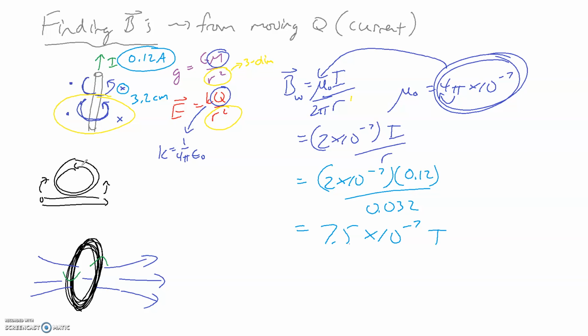Therefore, you literally just mathematically modify the expression. We're not going to go through the full derivation. But to calculate the magnetic field from a loop of wire, and I like to put a little L down there for loop, it's mu naught I over 2r. And that's how you calculate the magnetic field for a loop.